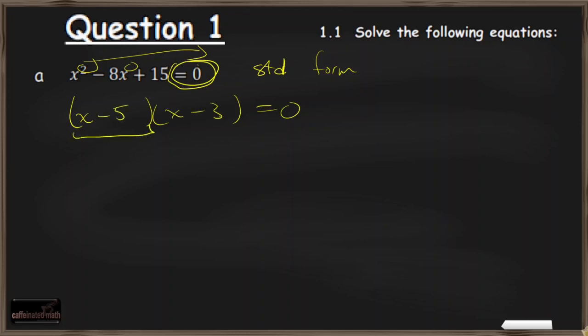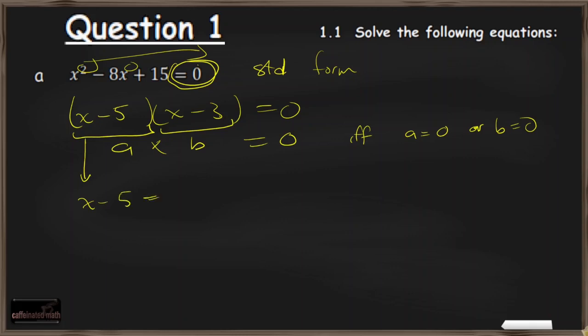Applying that zero product rule once again, that's a times b being equal to 0. That's if and only if a is equal to 0 or b is equal to 0, which means that's how a, so x minus 5 needs to be equal to 0, and that's how b, again, or x minus 3 needs to be equal to 0.